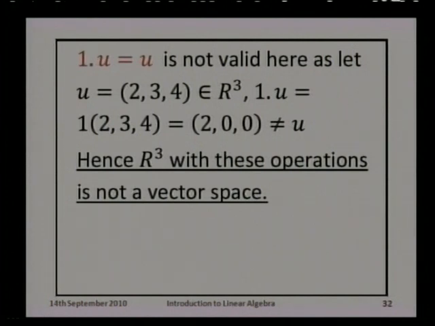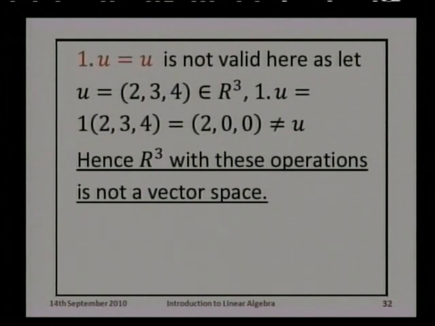As we can check, let u be the 3-tuple (2, 3, 4) in R3. We have 1 dot (2, 3, 4), and as we have defined the scalar multiplication, we get (1 times 2, 0, 0), that is (2, 0, 0), and certainly this is not equal to u.